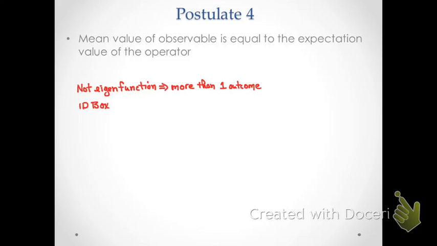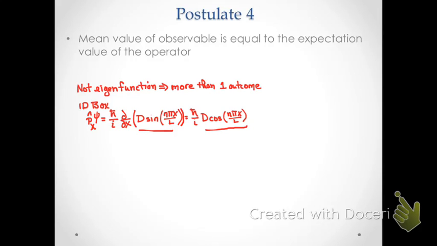So let's look at an example. The one-dimensional box. All right. In that case, if we're again looking at momentum in the x direction for that one-dimensional box, just like we did on the previous slide with the free particle, we're going to take the derivative of our wave function. Here's our wave function for the particle in a box. It's a sine function. When we take the derivative of a sine function, we get a cosine function.